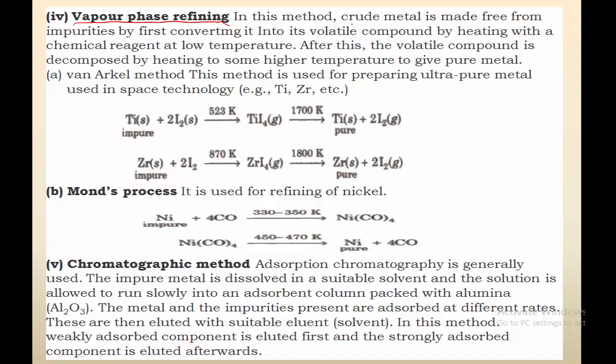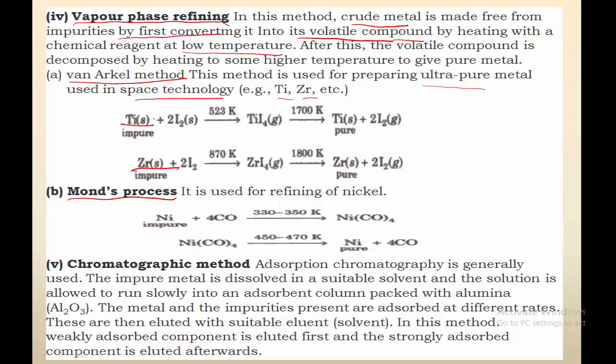In this method, crude metal is made free from impurities by first converting it into its stable volatile compound by heating with a chemical reagent at low temperature, and then it is decomposed to give pure metal. Some of the methods involved in this are the Van Arkel method and Mond's process. The Van Arkel method is used to purify titanium and zirconium, for preparing ultra pure metal used in space technology.